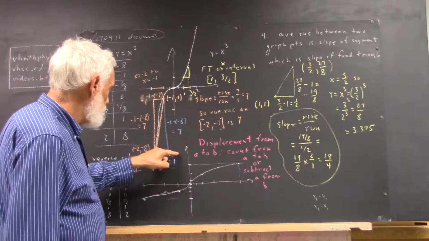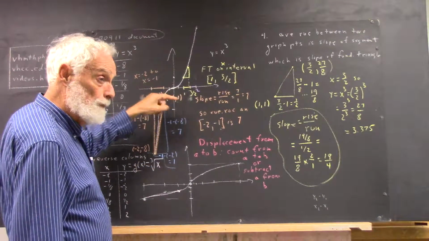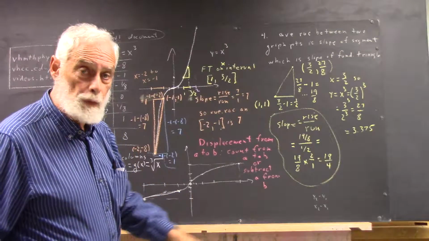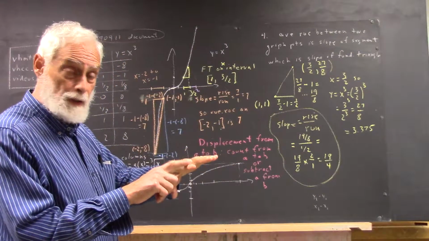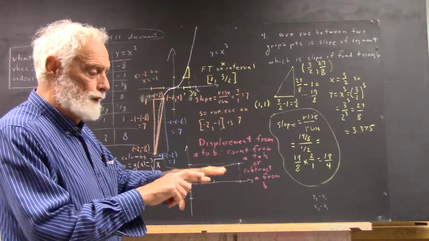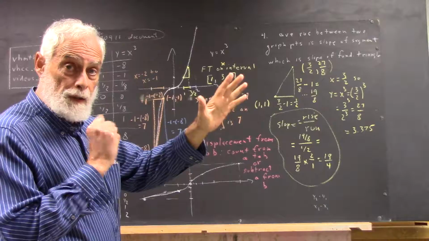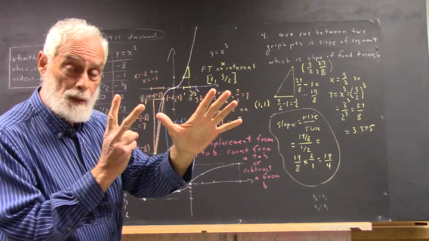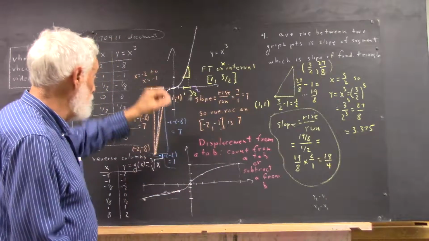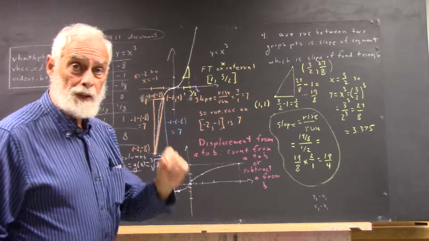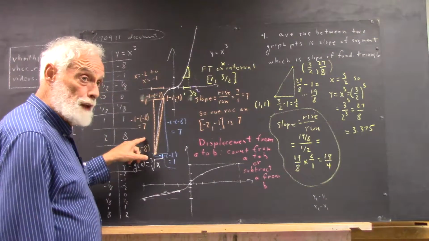This point projects over to -8 on the y-axis. This point projects over to -1. To get from -8 to -1, we start at -8 and we go to -7, -6, -5, -4, -3, -2, -1. How many is that? That's 7. We had to go 7 units to get from -8 to -1, and that's identical to the difference. -1 minus -8 is 7.